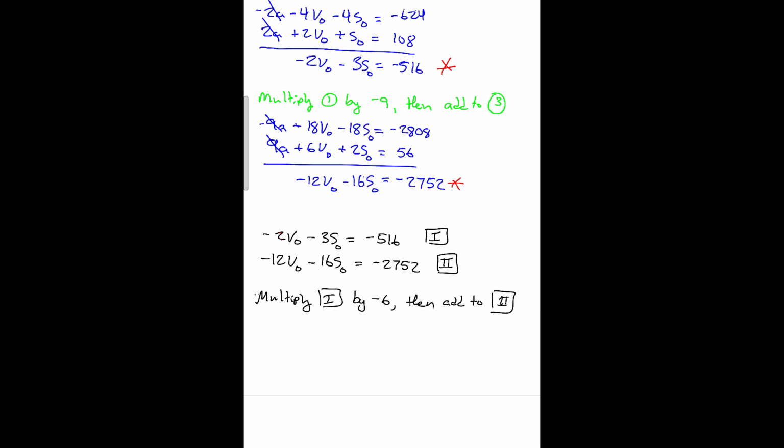Why negative 6? If I multiply the first equation by negative 6, you see that your v naughts would cancel out when you add them together.